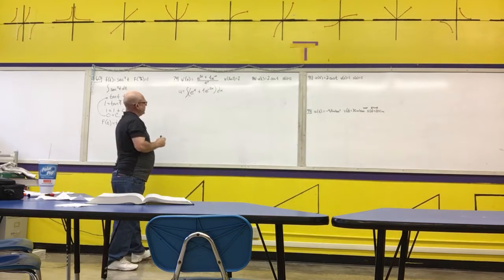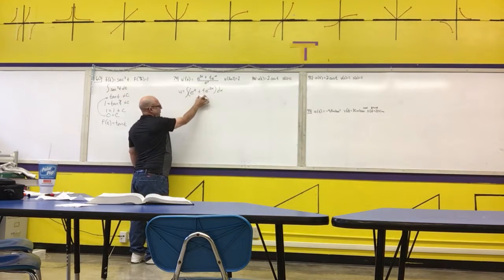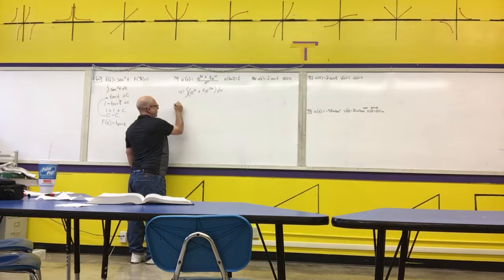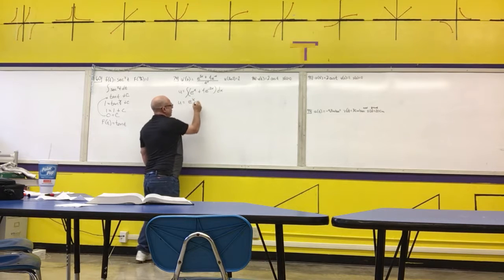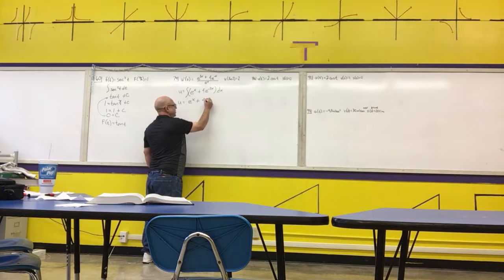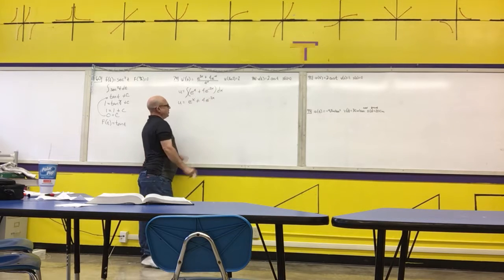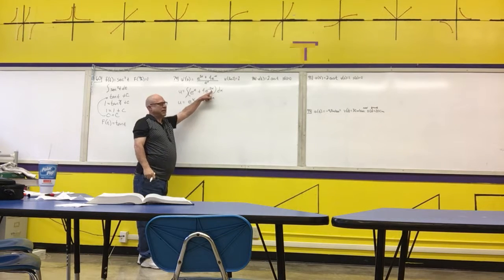We're going to take the antiderivative. So the antiderivative of a sum is the sum of the antiderivatives. Antiderivative of e to the x is just e to the x. Then I'm going to end up with 4 e to the negative 2x. And if I were to take the derivative of this, I would multiply by the derivative of the inside function.